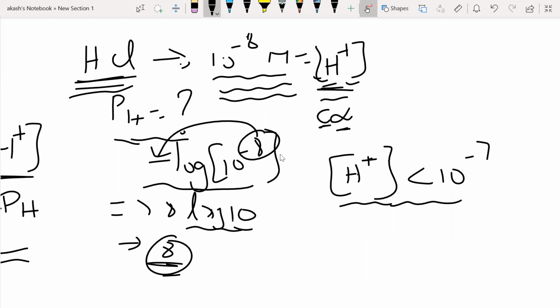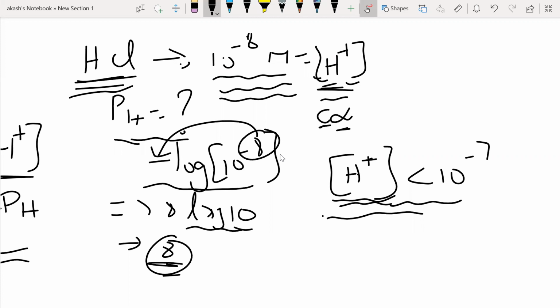So again, that cannot be the answer. What mistake are we doing here is that since I have some little amount of acid, we have to take that H plus concentration, but there is so much amount of water. So that water also can give me H plus ions.